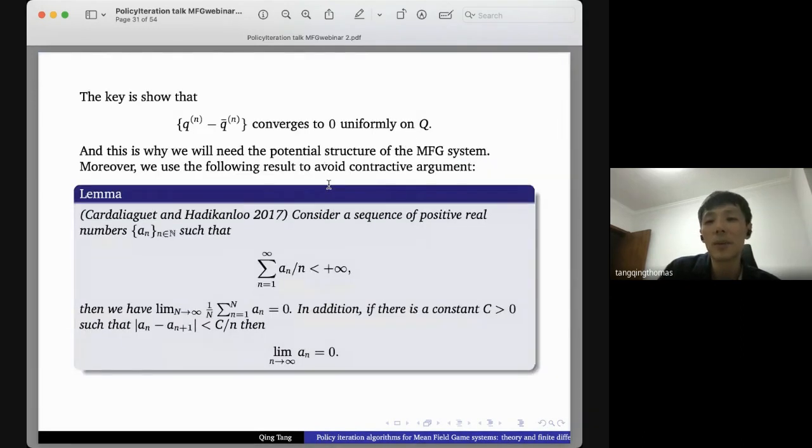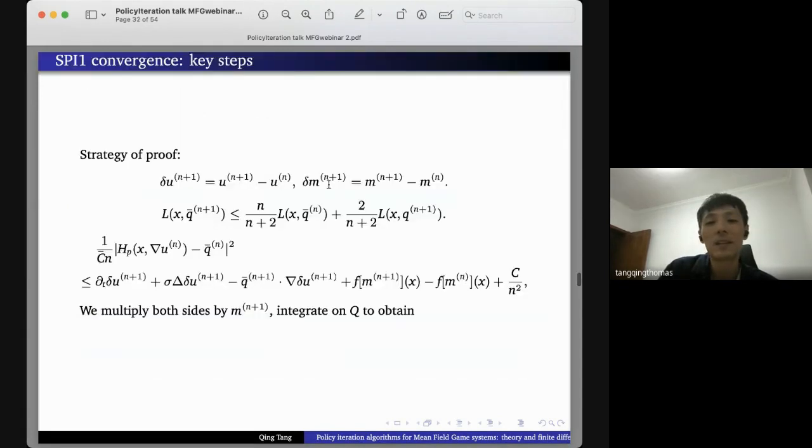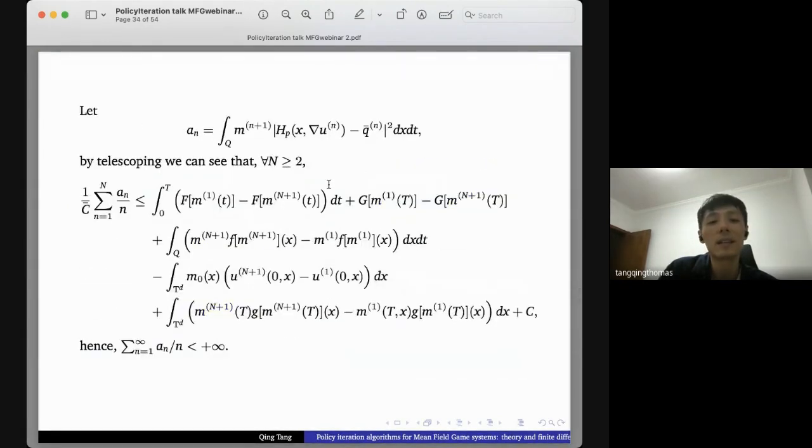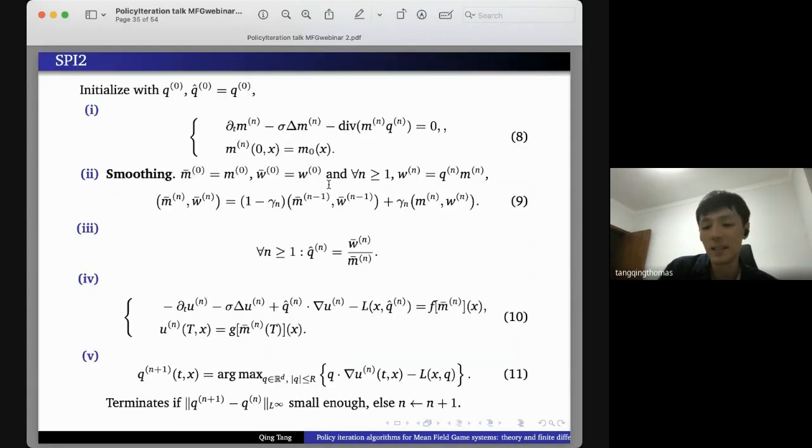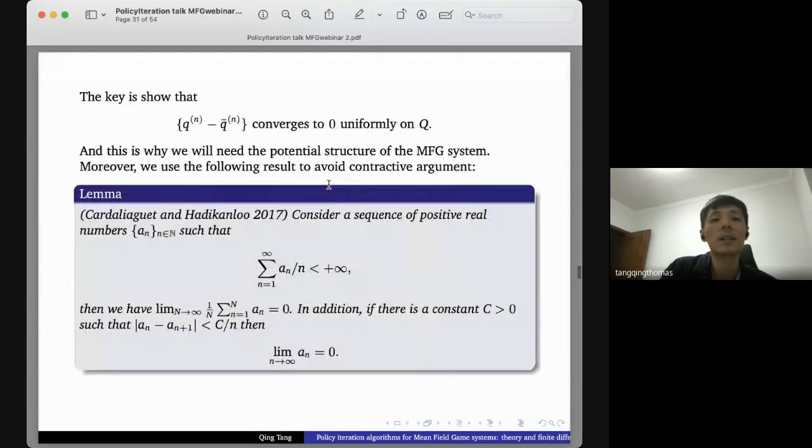I'm sorry, I did not write down all the details, but I'm just using this lemma that I know an tends to 0, and I know that m is bounded away from 0. I can get that Qn minus Q bar n converges uniformly to 0 on Q. And that's the whole thing. I've shown this.